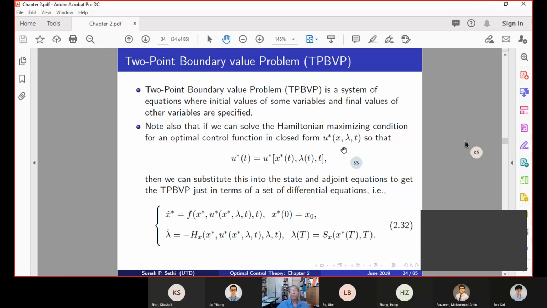The idea is to change the original problem in functional space to a problem at each t in terms of x and lambda, and then, by doing that, solve for x, lambda, and u. So you're solving a set of differential equations, and you're solving an optimization problem at each instant t. And by doing that, you're building the solution for the original problem that's given to us, which is far too complicated to solve. Okay.